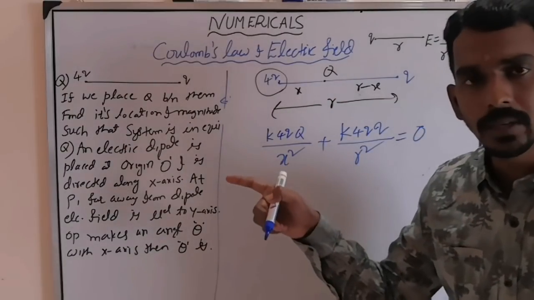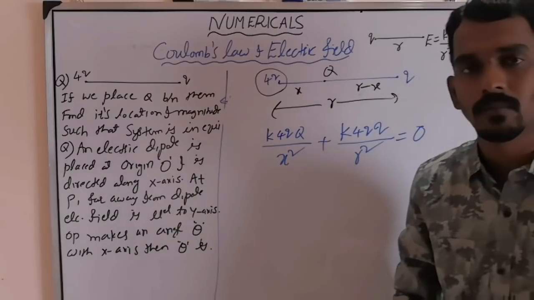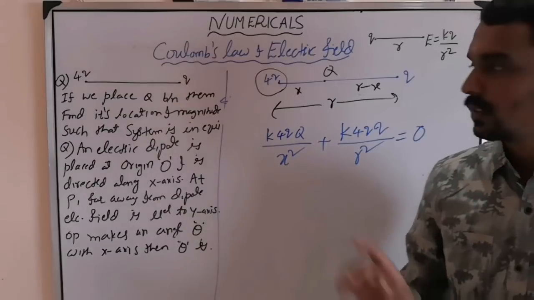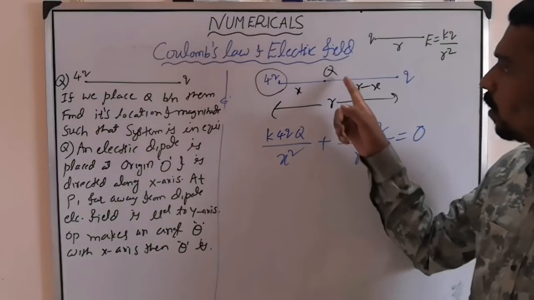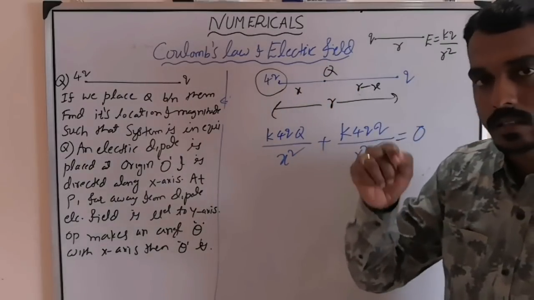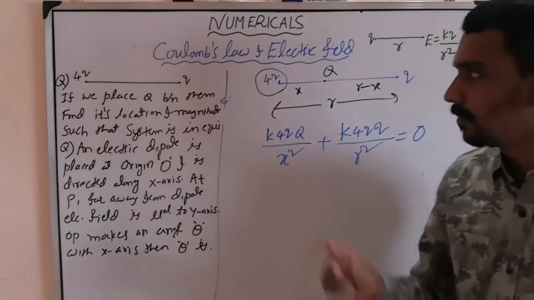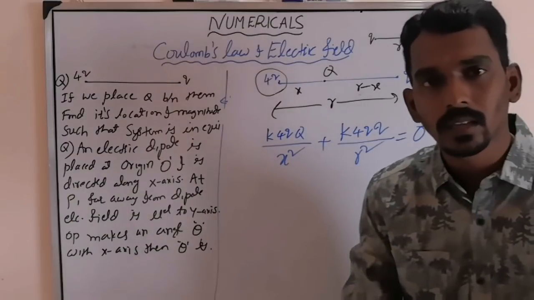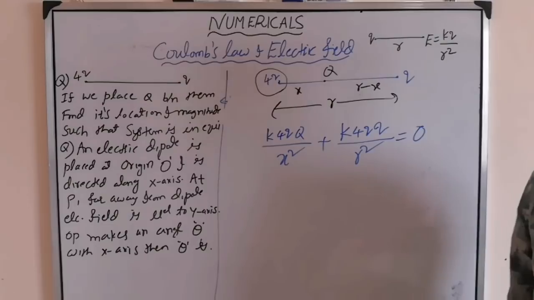Because the system is in equilibrium, each and every charge of the system must experience 0 force. A charge is in equilibrium means only the force on that charge is 0. But when a system is in equilibrium, each and every charge must experience 0 force. That is the difference you need to understand.